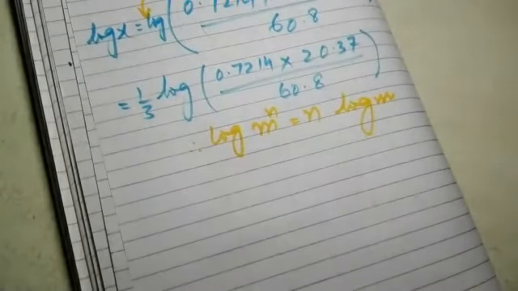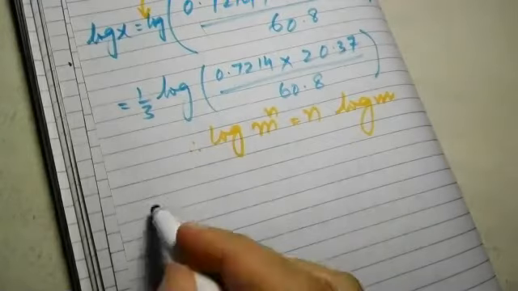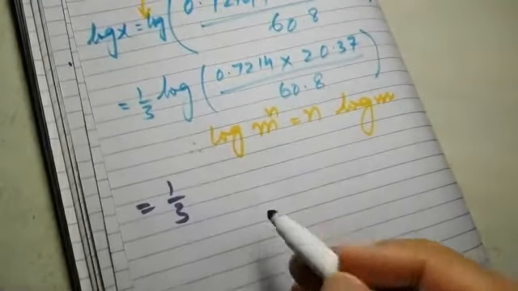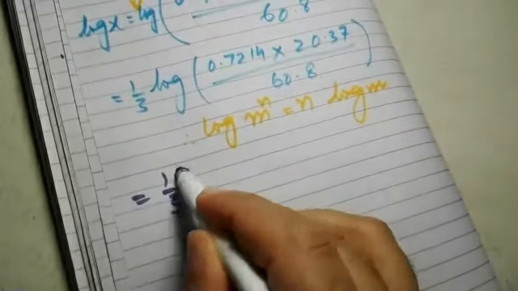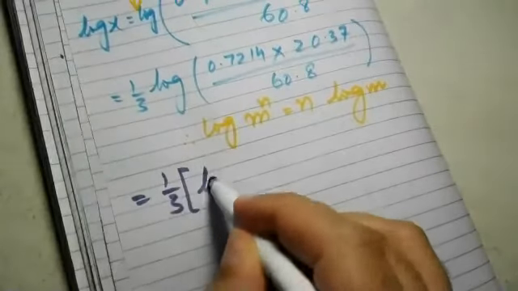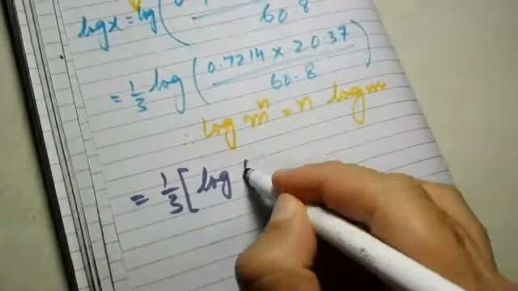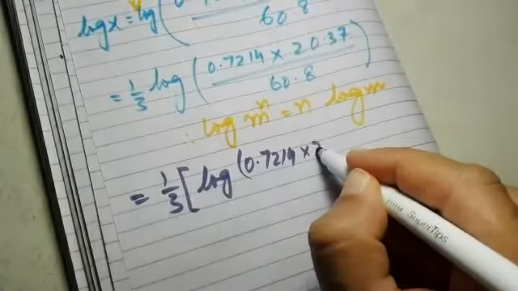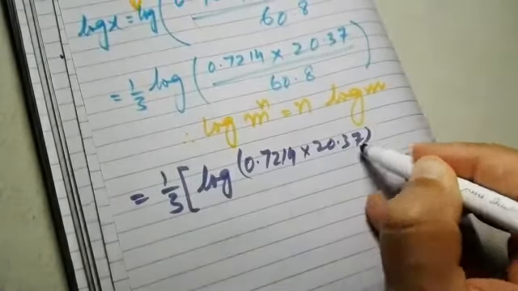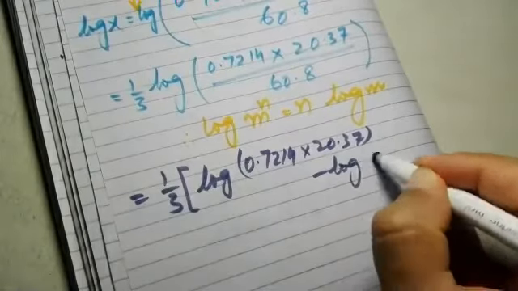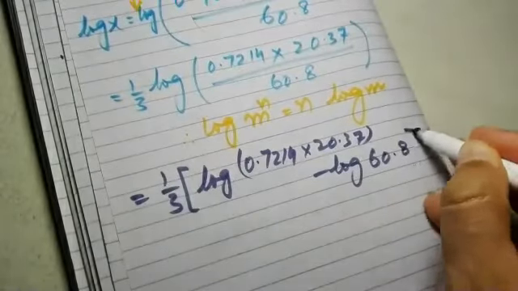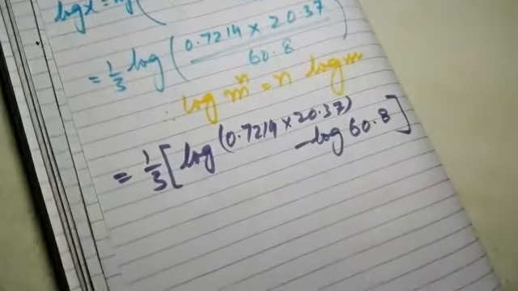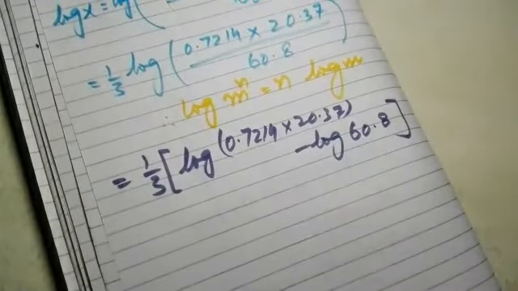In the very next step, you are in a position to separate the terms. 1 by 3 will be as it is. You will place a bracket, and then you will use another law: log of 0.7214 multiplied by 20.37, minus log 60.8, like this one. So again, I have used another law.